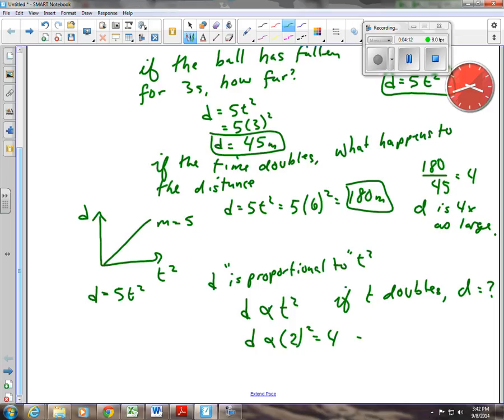So then you can say d will be 4 times as large. So it's a little bit simpler. So whenever you're reporting a type of relationship, you can say d is proportional to t squared. It's a nice simple way to say it, and it makes these doubling and tripling problems a little bit easier or quicker.